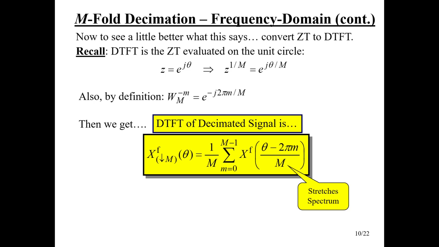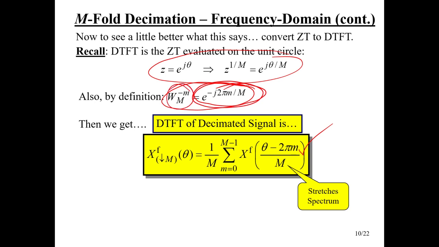So if we apply these things, you can argue that you get this thing. Remember, we're multiplying by this thing raised to the n. That looks like a complex sinusoid, and that's where we get this frequency shifting from.